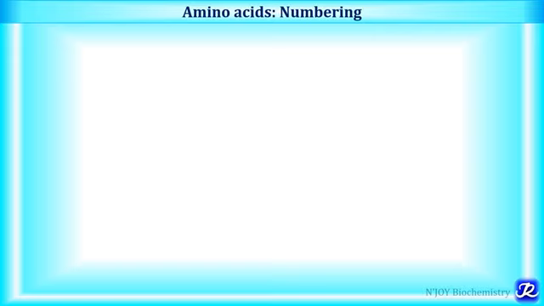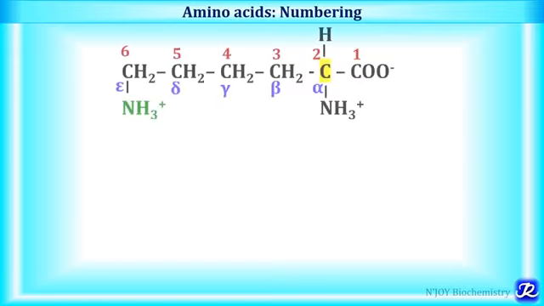Let's understand the numbering of carbon atoms in amino acids. This is the structure of the amino acid lysine, and it has this carbon atom which is the alpha carbon atom, attached to four different groups: amino group, carboxylic group, H and side chain. So this is the alpha carbon. The next carbon is beta, then gamma, delta and epsilon.